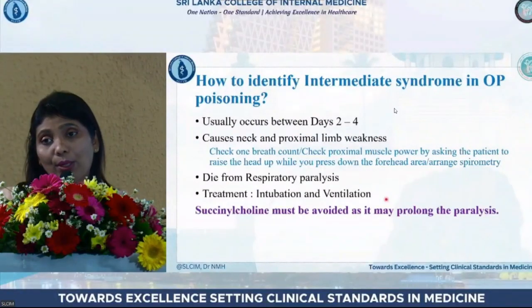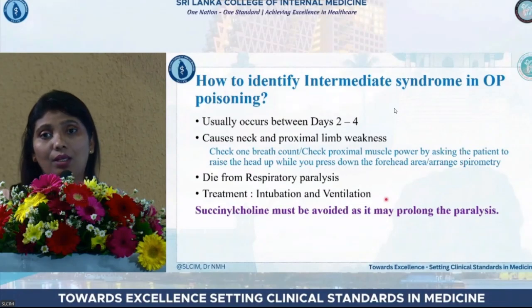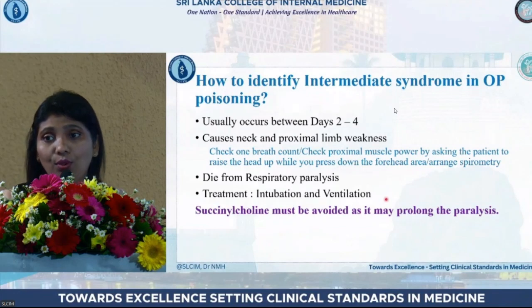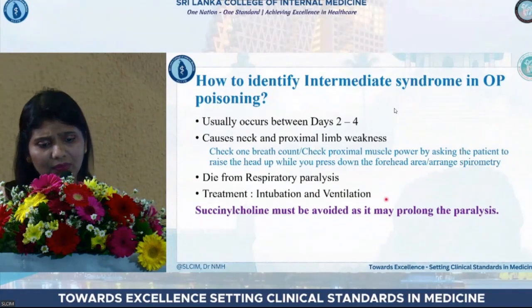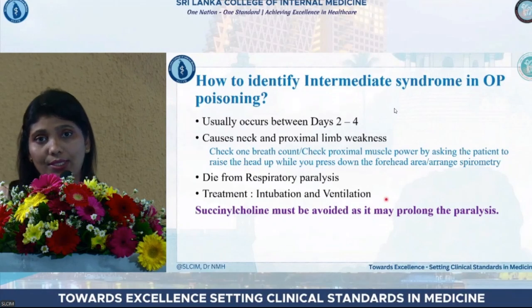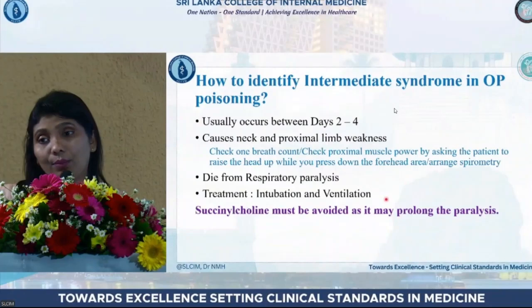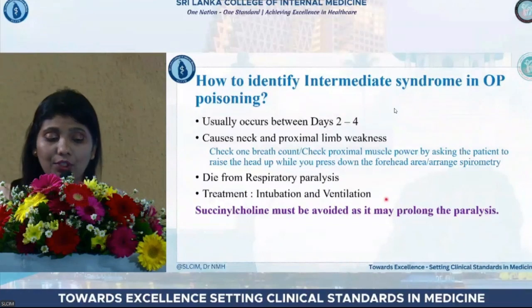Real neck muscle weakness can be checked only while you are pressing down, asking the patient to get up from the bed. That is the best thing. And then you can do spirometry also to get an idea, if the facilities are available, as it usually derives from respiratory paralysis. So if you are in doubt that the patient is going into proximal limb weakness, please don't hesitate to electively intubate. Rather than waiting for emergency ventilation, electively intubate and ventilate.